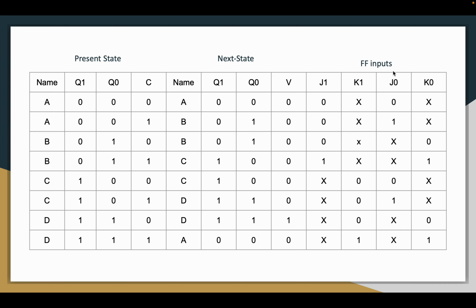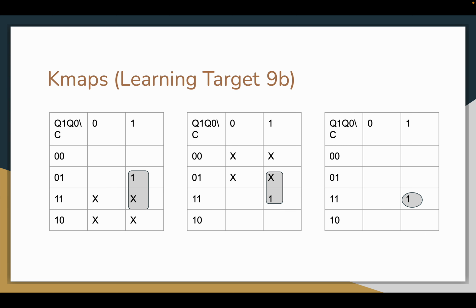Same thing for J0 and K0, we look at Q0 to Q0. So 0 to 0 is 0x, then we get to 0 to 1, 1x, and then it repeats over and over. That's how we get our FF inputs.